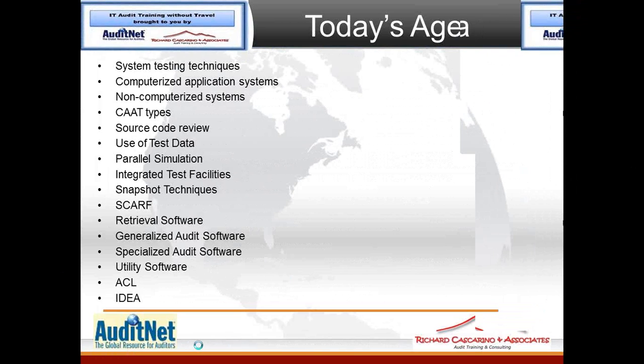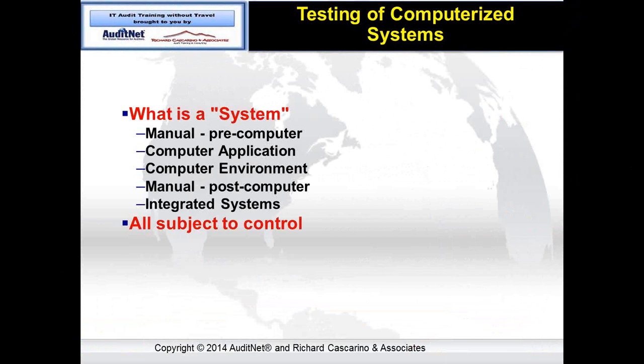Why? Because we want to test systems. So, next question. What is a system? Again, you can get locked into this philosophy that the system is a piece of software running on the computer. It's not. A system is everything to do with executing some kind of business function. So there'll be a manual component to a system before it even gets to the computer, where someone will say, wouldn't it be a good idea to pay somebody today? Who shall we pay?